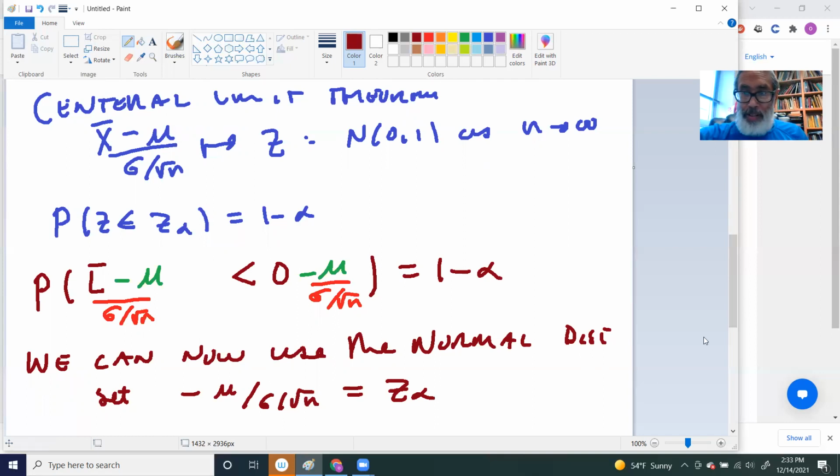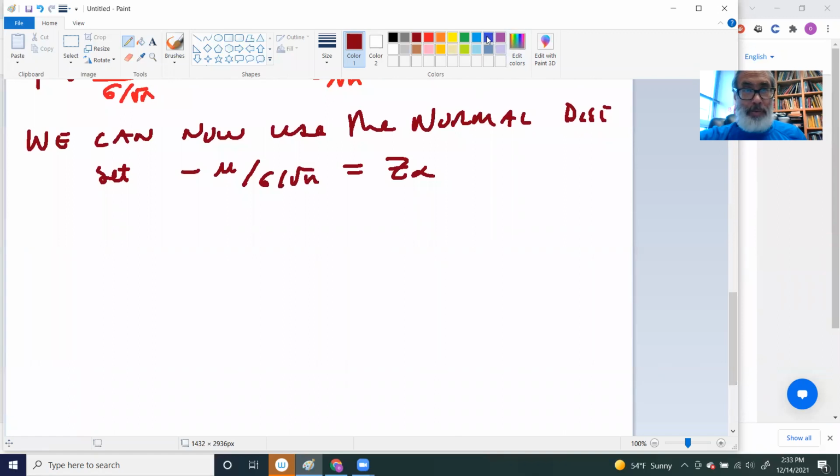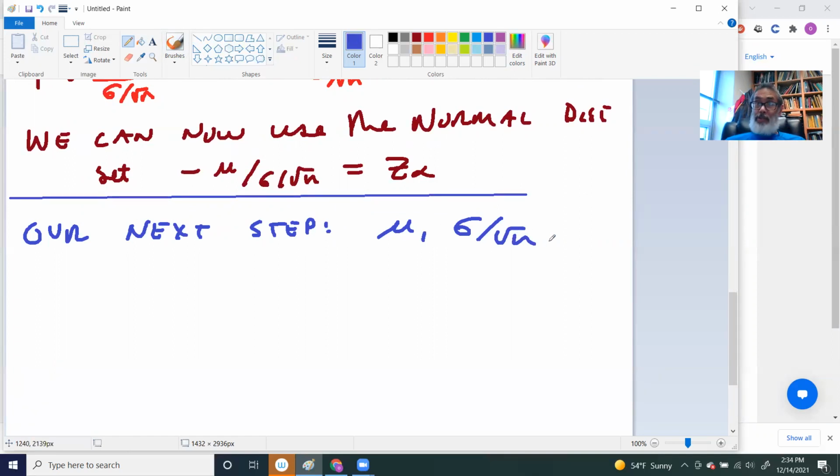So the next thing we have to do, given that our next step, we talk about mu and sigma and the square root of n. Okay, let's do that. Now for our mu, this would be the expectation of the standard loss variable.